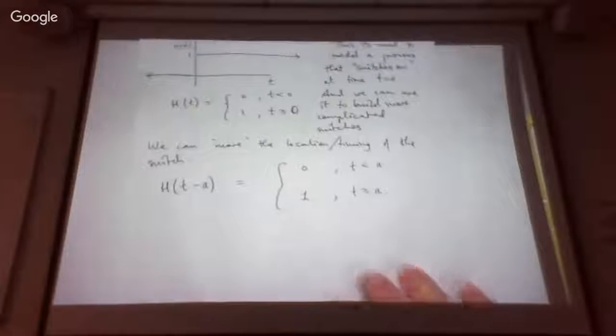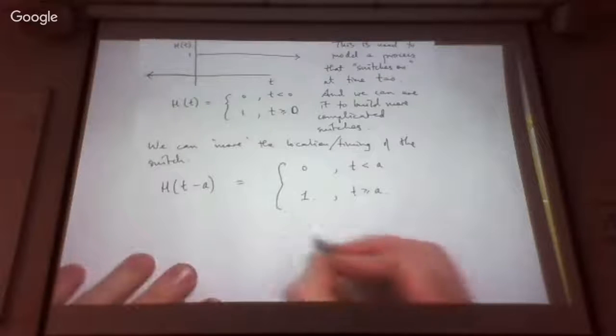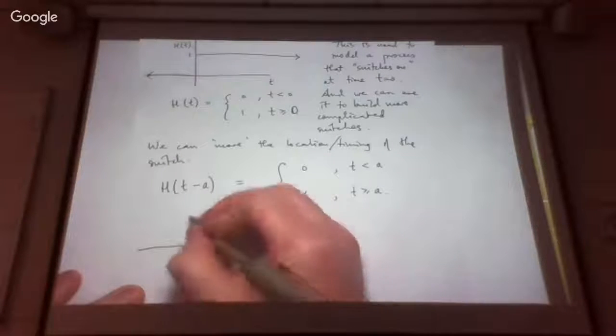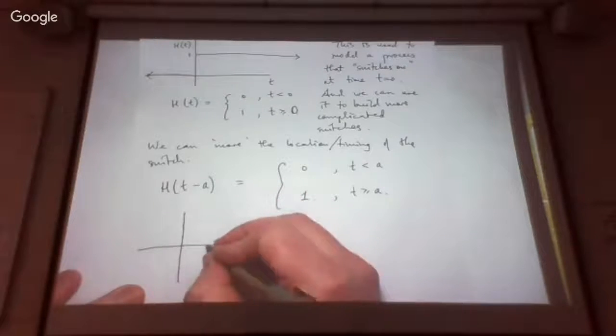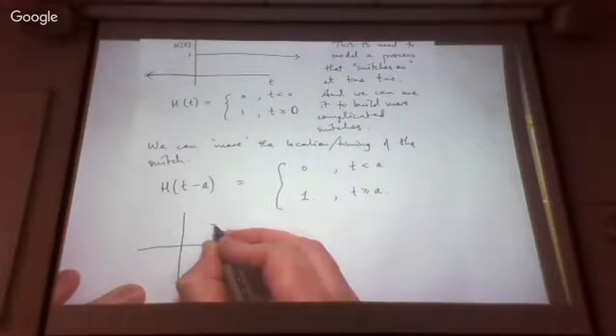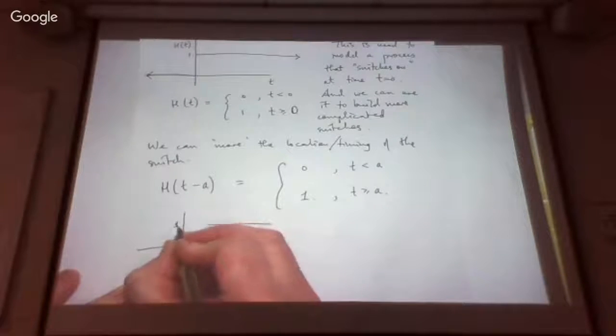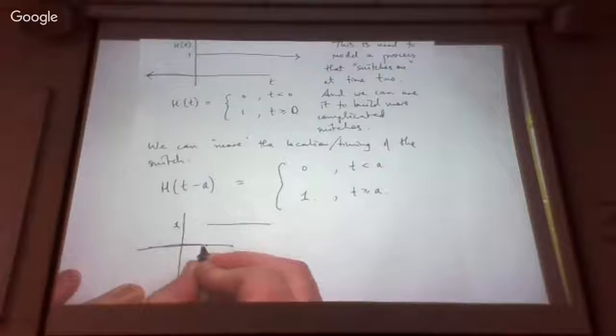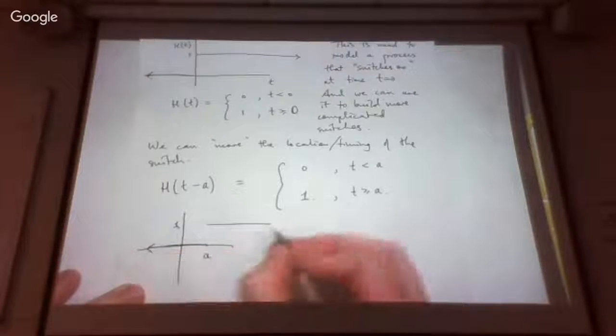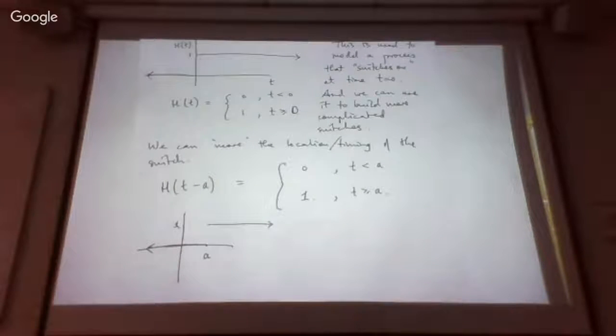So by simply shifting the argument to the function by a constant, let's say a is over here, then suddenly we have this function. Just put arrows there to indicate it continues that behavior left and right.